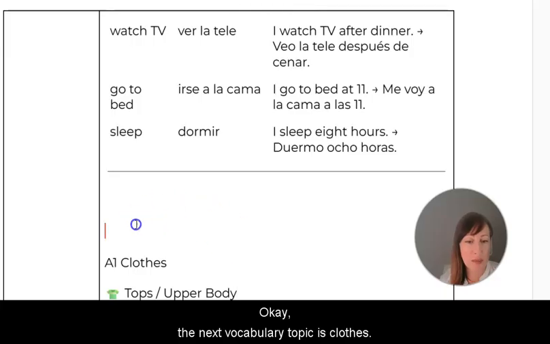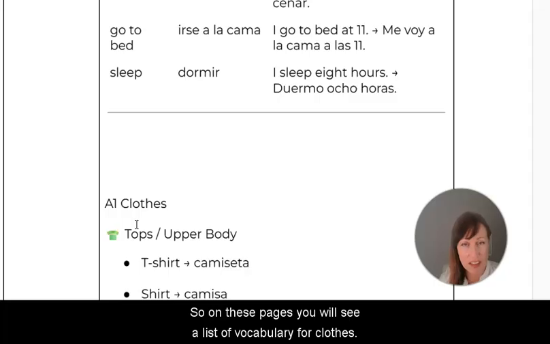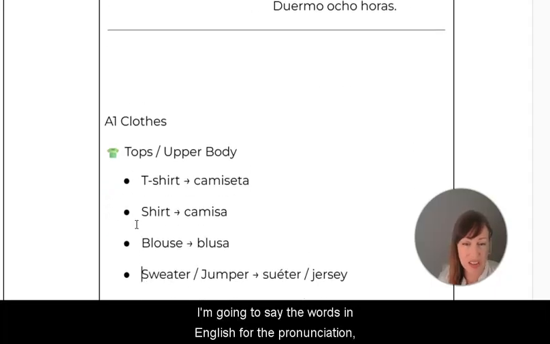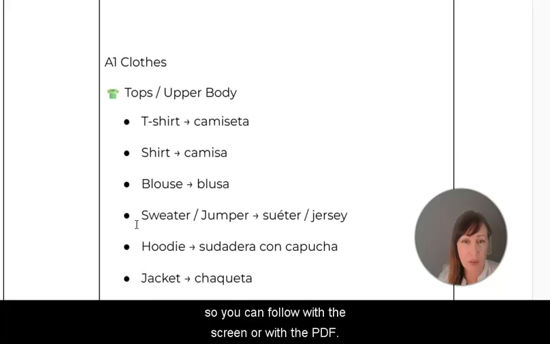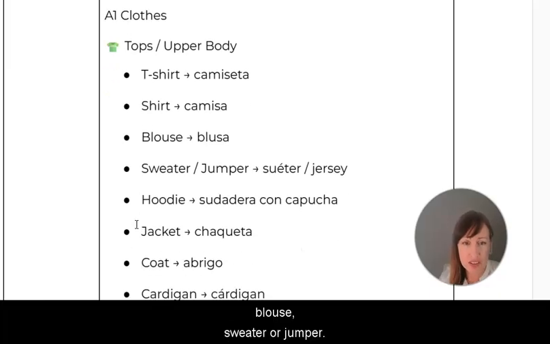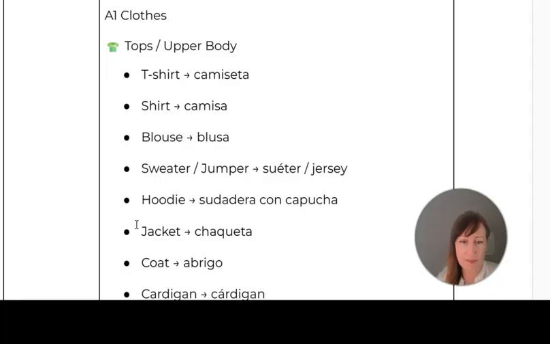Okay, the next vocabulary topic is clothes. So on these pages, you will see a list of vocabulary for clothes. I'm going to say the words in English for the pronunciation, so you can follow with the screen or with the PDF. T-shirt, shirt, blouse, sweater or jumper. Sweater is more common in the United States.